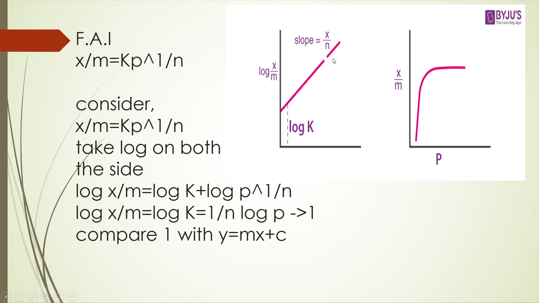It has a slope of 1 by n and intercept of log k. This is the low pressure. Here is the high pressure. At low pressure, all the points lie on the straight line. At high pressure, a slight curvature is observed. This indicates it obeys only at low pressure.